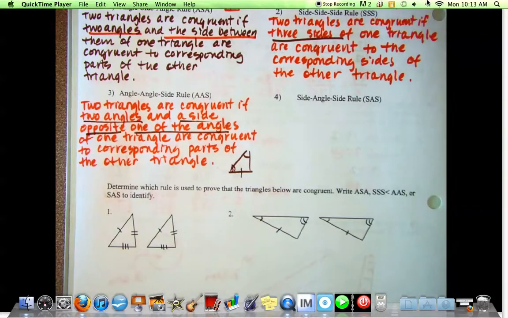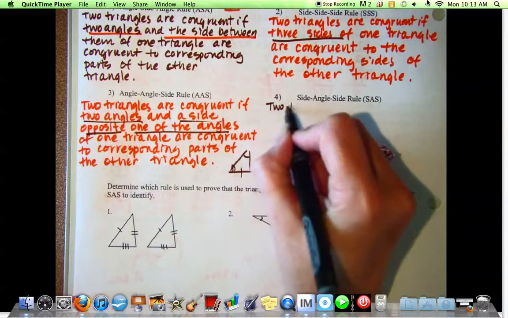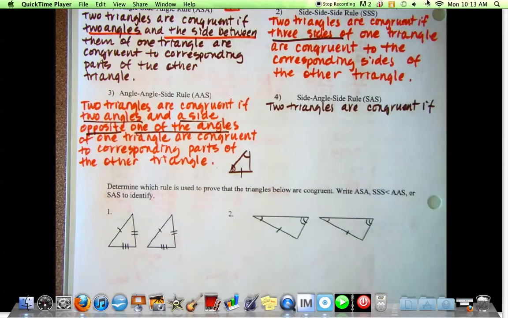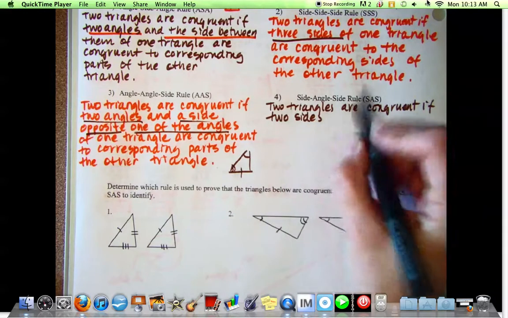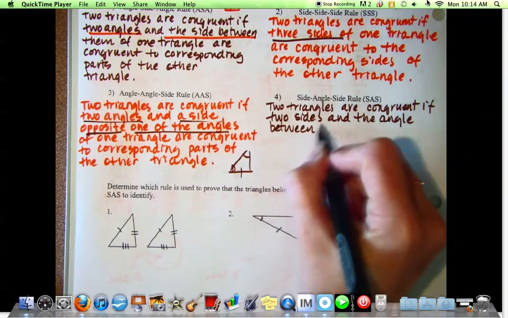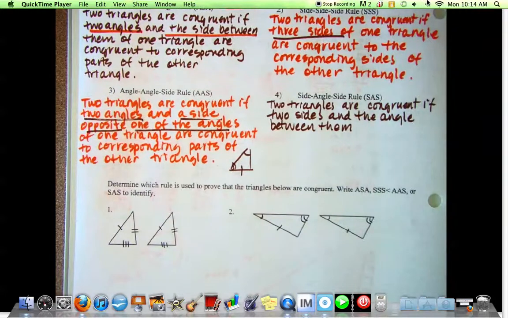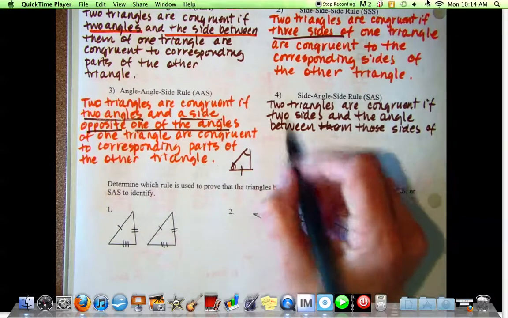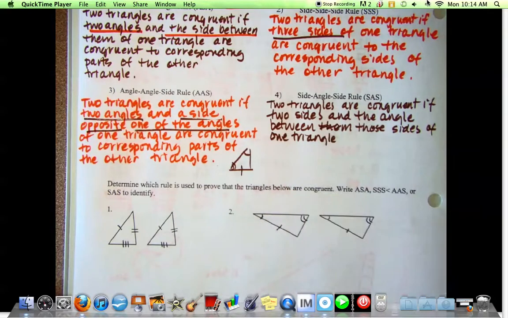So now last we have the side angle side rule. Two triangles are congruent if two sides and the angle between them, of one triangle, are congruent to the corresponding sides and the angle between those sides of the other triangle.